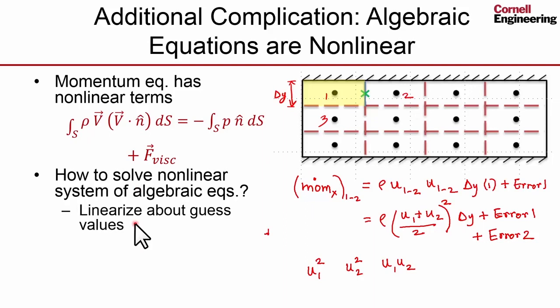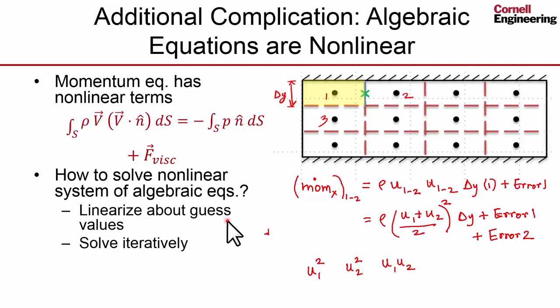This is done by linearizing the nonlinear terms about guess values. So one would linearize u1 squared about a guess value of u1 and so on, and then solve iteratively, updating the guess each time. And when the iterations converge, we have a reasonably good solution to the nonlinear system of algebraic equations.